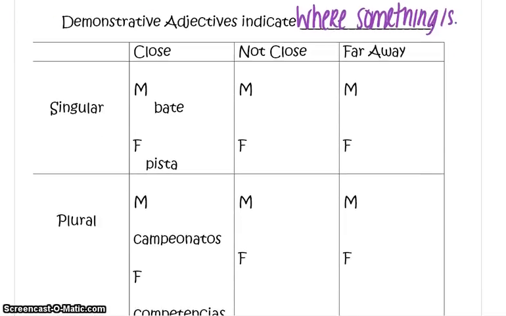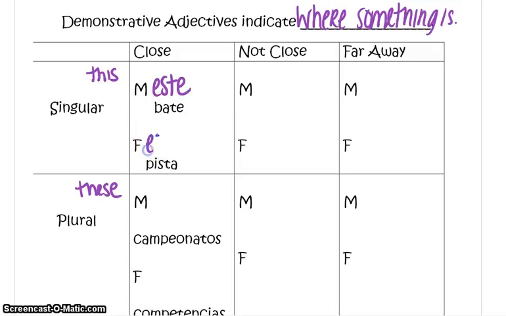So when something is close, we are going to say this or these. So for example, we might say this bat or this track or these championships. Okay? So this is the masculine form to say that something is close. Masculine singular form is este.